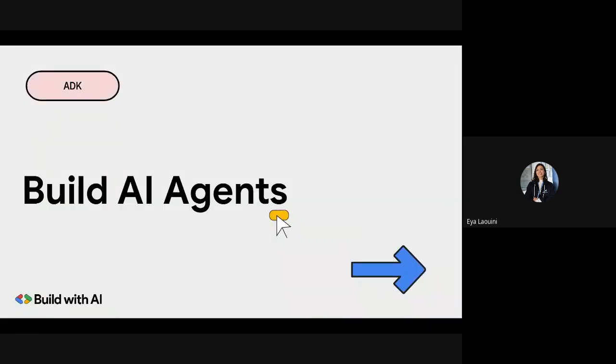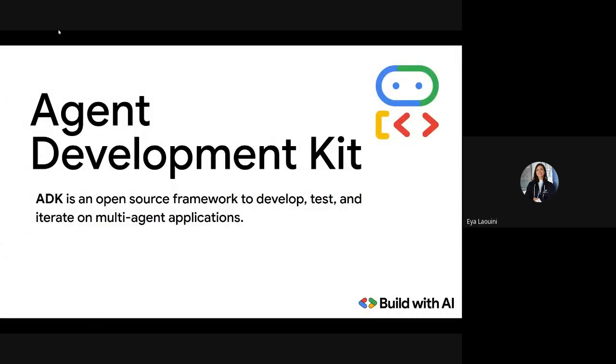So now let's talk more about building AI agents. So, guys, please, if you have any questions or you want to interrupt me, please feel free. Because everything is related to each other, and I know it may be a lot of information at the same time.